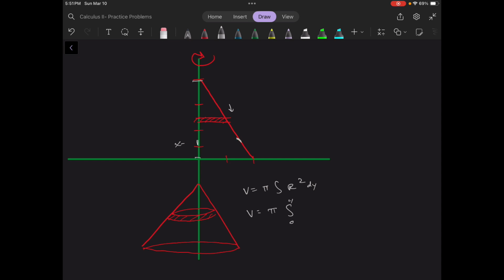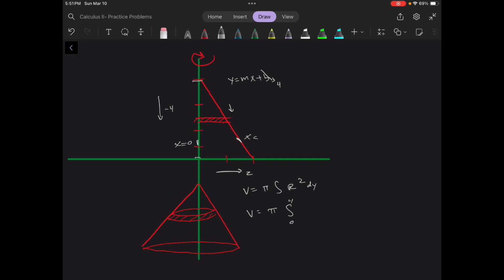We know that this is x equals 0. What is this? X equals what? So what I want to do is find the equation of this line. It was not given. We know that y equals mx plus b. We know b, it's the y-intercept 4. Can we find m? Well, it goes down -4, and it runs 2.